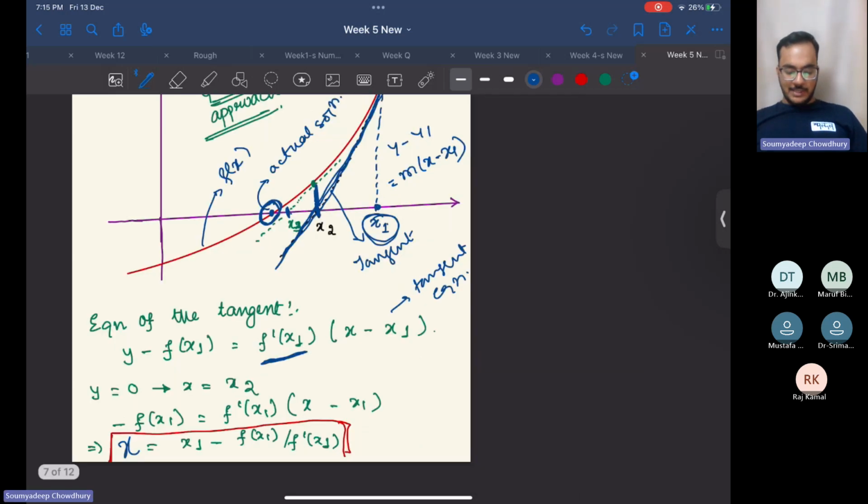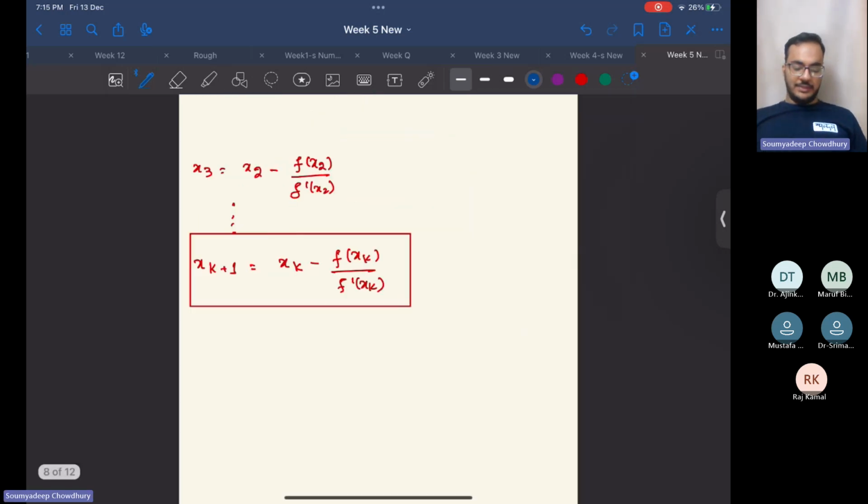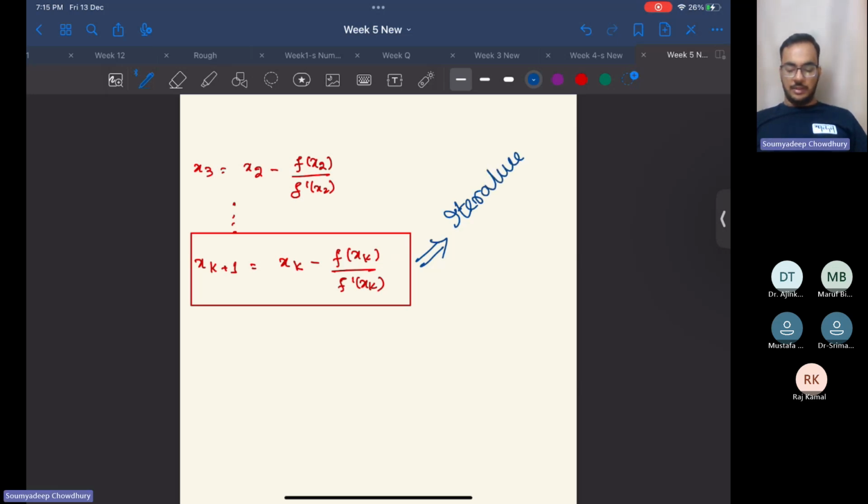If we generalize this, x3 will be equal to x2 minus f of x2 by f dash x2. So basically xk plus 1 equals xk minus f of xk by f dash xk. This is the iterative formula for the Newton-Raphson method.